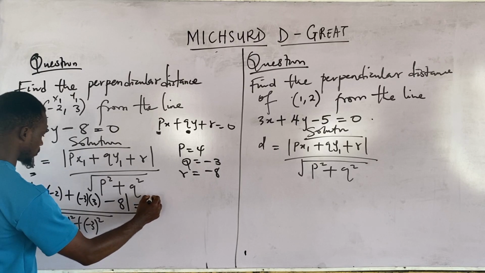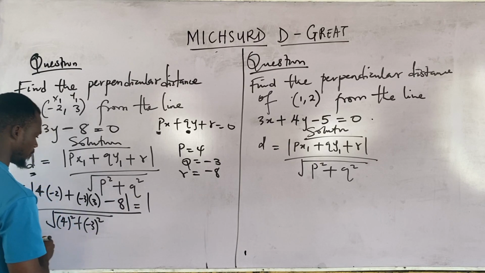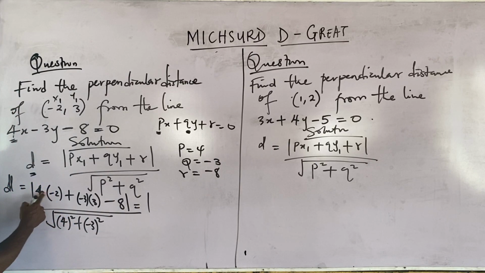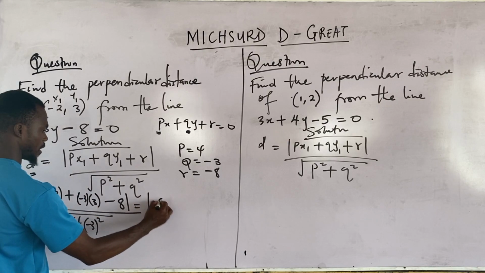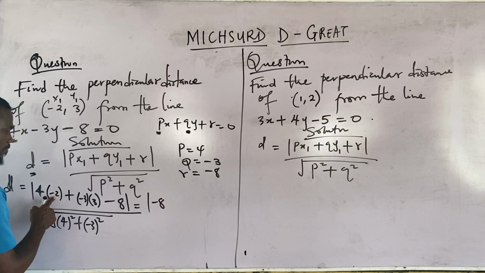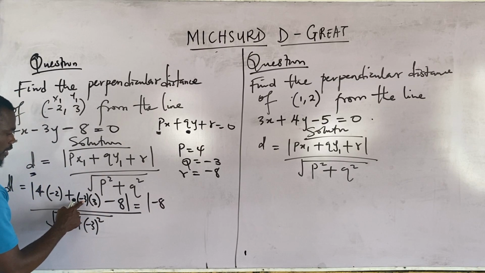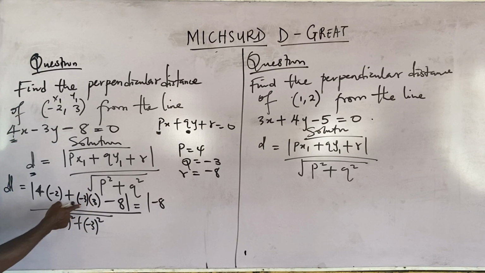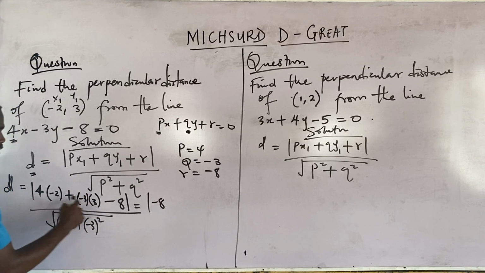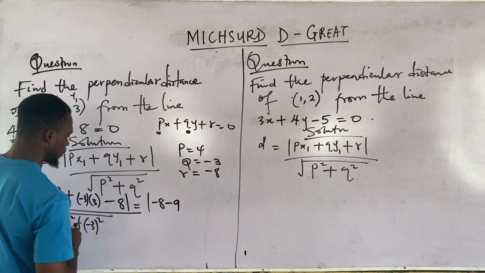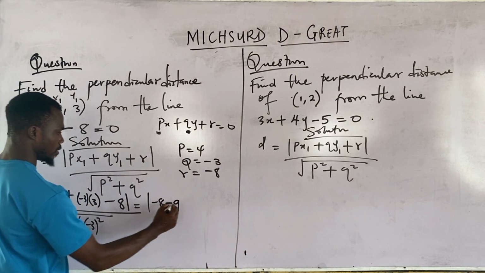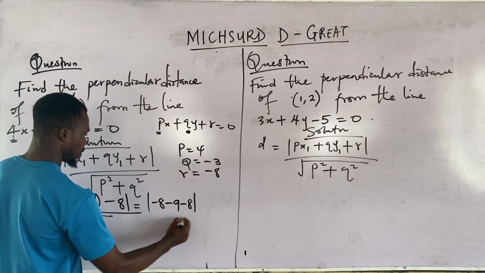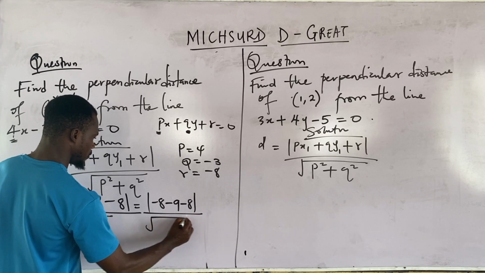So if we solve this, we are going to have the magnitude of this multiplying with this, we have -8. That is 4 times -2 gives us -8. Then -3 times 3 will give us -9. Then we have -8 all over the square root.